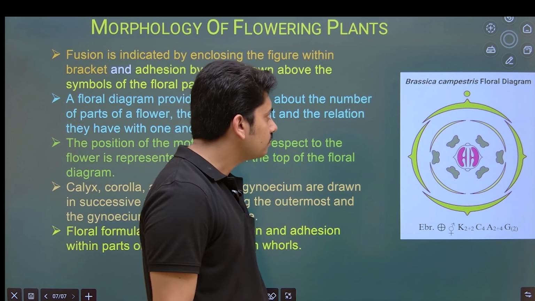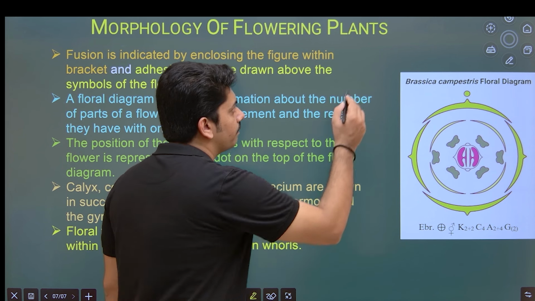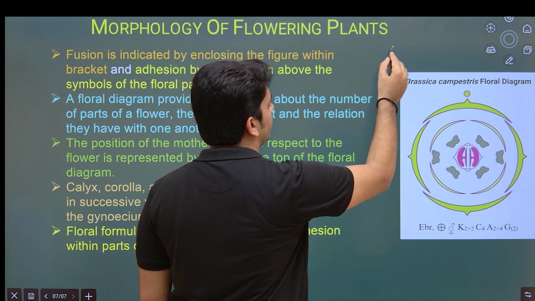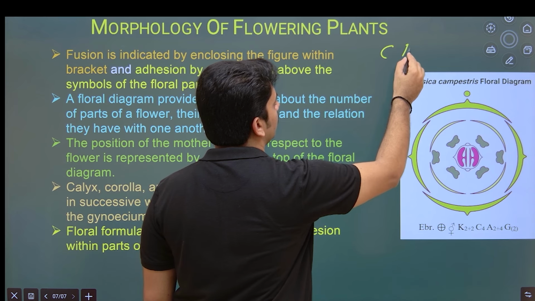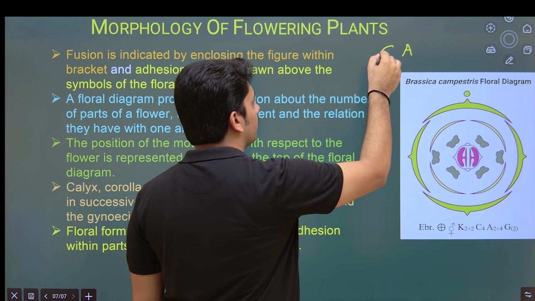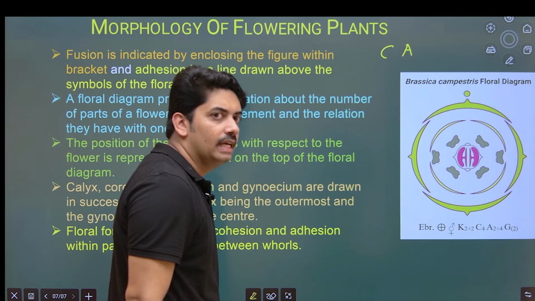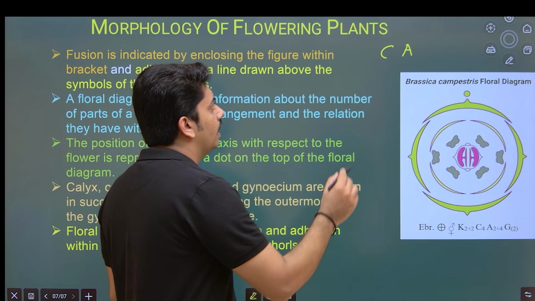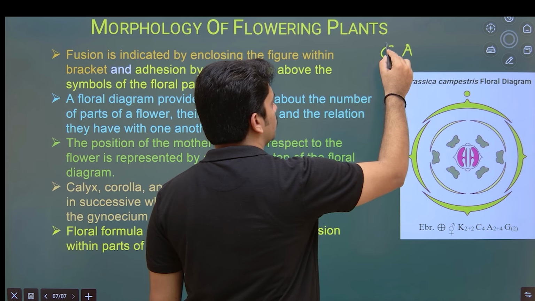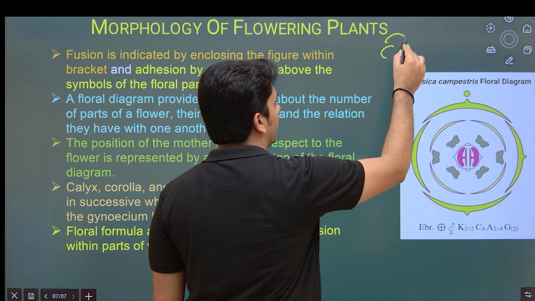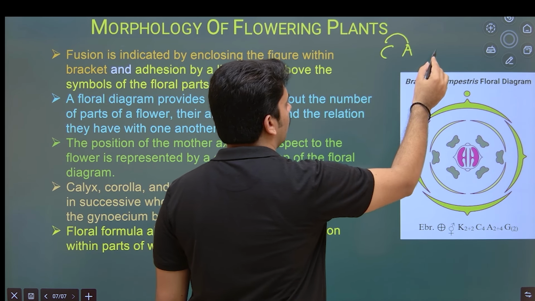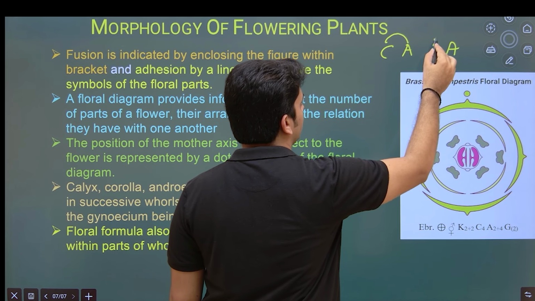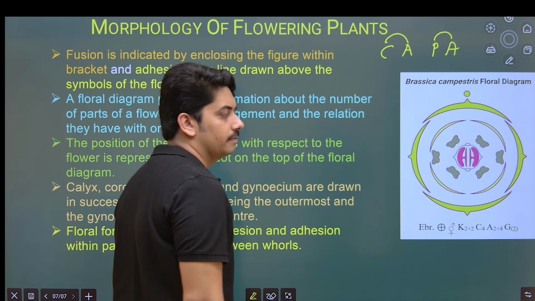This is one thing. Second thing, suppose Androecium is present on the corolla, that means epipetalous condition or epiphyllous condition. At this time we should show the presence of Androecium on the corolla or presence of Androecium on the perianth by drawing this mark above.